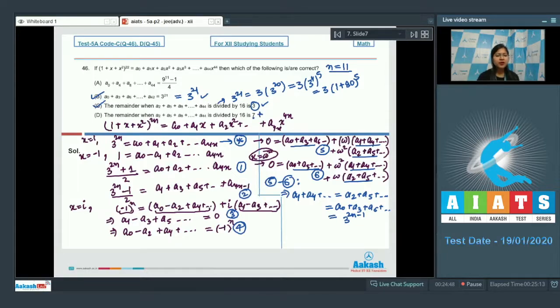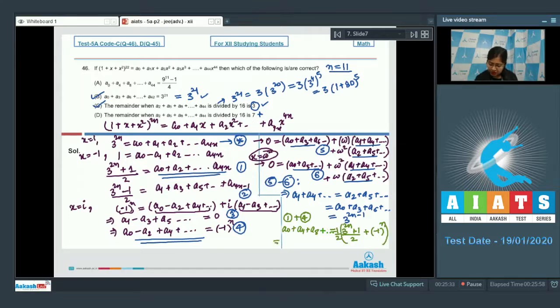Now let's talk about option number A. A0 plus A4 plus A8. Now if we add this equation with this one, then we will get the series A0 plus A4 plus A8. So let's write it down. A0 plus A4 plus A8. This series will be equal to, when we add equation 1 with 4, 3 raised to the power 2n plus 1 divided by 2, plus minus 1 raised to the power n whole divided by 2, right?